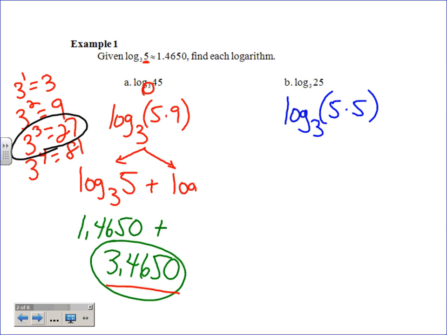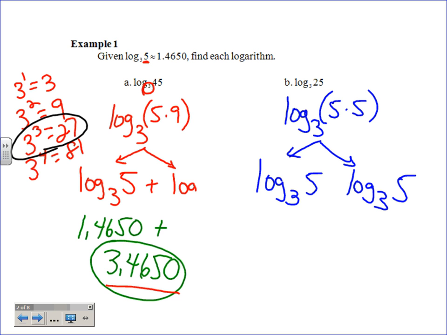So what I just wrote in blue is the same thing as letter B. And the reason we would write it that way is now I can break it down because it is multiplication. Once again, notice the base hasn't changed when you do that. The reason I'm going to try and break it up is the way it's sitting right now is not really helping. And so what should I write here on this log base 3? 5, and then over here, and then in between, plus. And now log base 3 of 5, we just look up here.